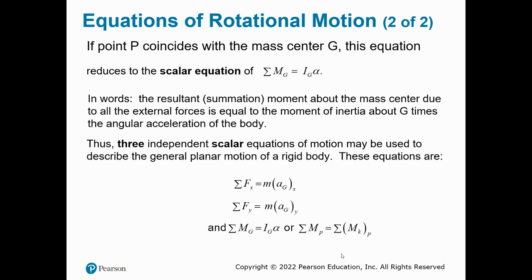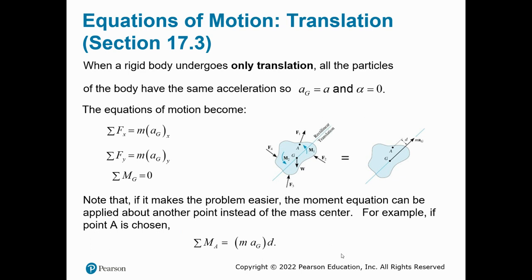So three independent scalar equations of motion may be used to describe the general planar motion of the rigid body. These equations are sigma Fx equals m(a_G)x, sigma Fy equals m(a_G)y, and sigma M_G equals I_G alpha, or sigma M_P equals sigma (M_k)_P.